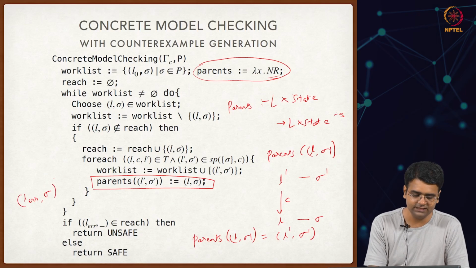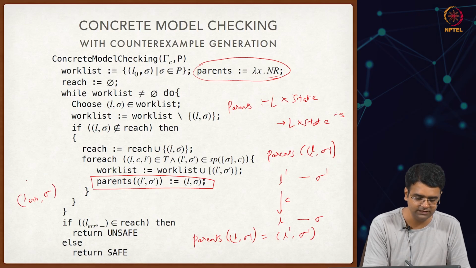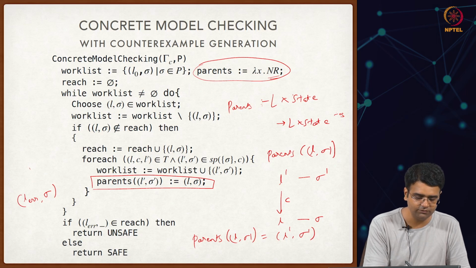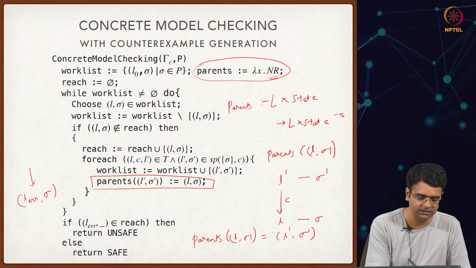So if this particular pair is reachable, then I can essentially consult the parents map, right. So the parents of this particular pair will give me the parent pair from which this particular pair was discovered. So meaning, let us say you will get some L1 comma sigma 1, and then you again consult its parents map.